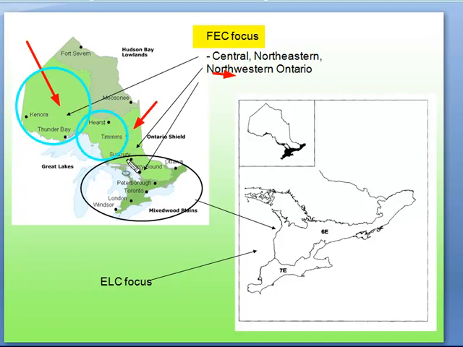And then there is the Northeastern Ontario one, which is this area here. These manuals discuss exclusively the species, the soils, the trees, everything in those areas through the specific FEC, which is a component of ELC.